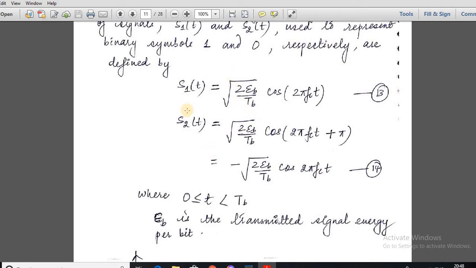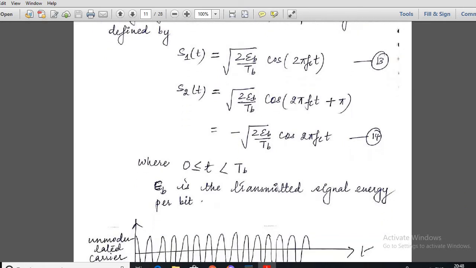So S1 of t is the equation of binary 1. Similarly, binary 0 is represented by S2 of t, and we see what is the difference when there is a change from 1 to 0. There is a phase shift of 180 degrees. So in the waveform for binary 0, S2 of t, we have written cos of 2 pi fct plus pi. Pi is this additional phase which comes into the picture because of the definition of BPSK.